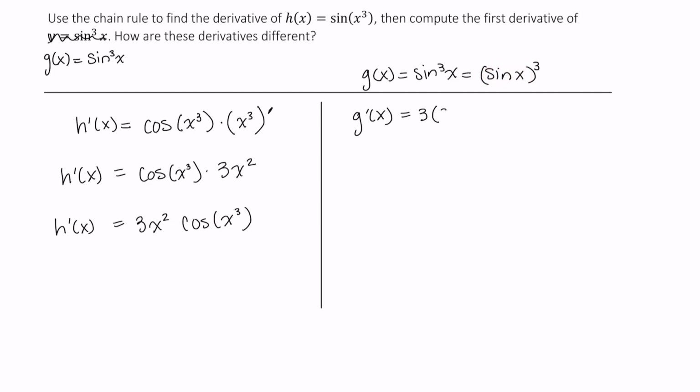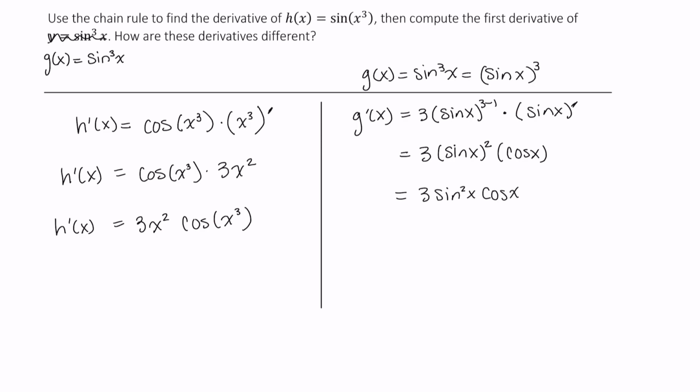So 3 sine of x to the 3 minus 1 power times the derivative of the inner function, which is sine x. So this is 3 times sine x quantity squared times cosine x. And we can rewrite this as 3 sine squared x cosine x.